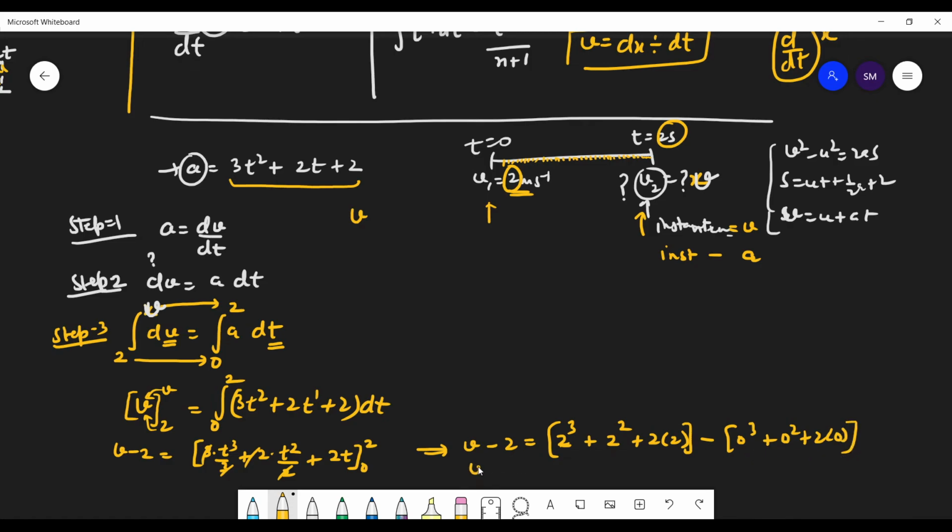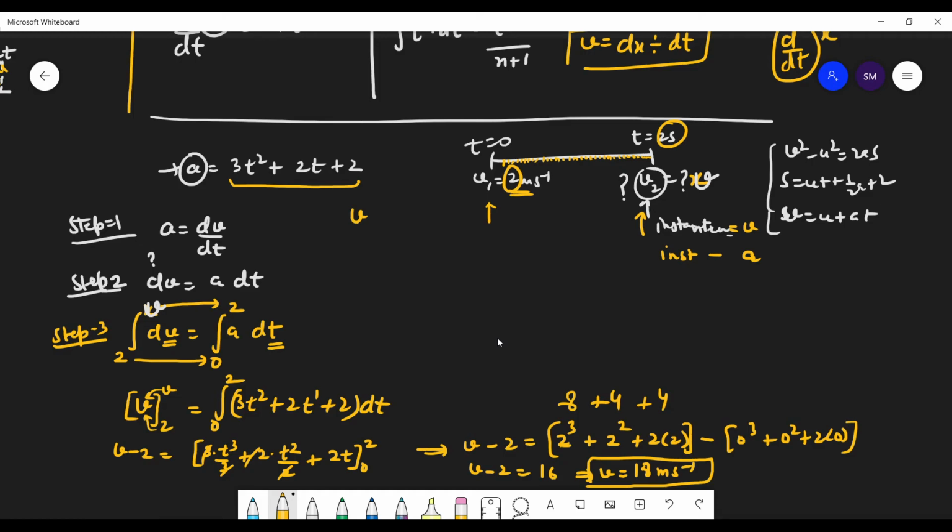So you get v minus 2, let's calculate it, 8 and 4 and 4, so 8 plus 4 plus 4, that is 16. So your velocity comes out to be 18 meter per second. So that's your velocity at 2 seconds.